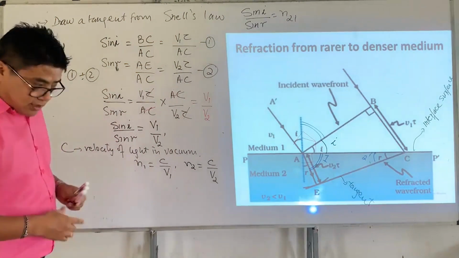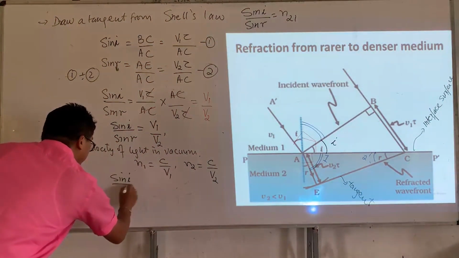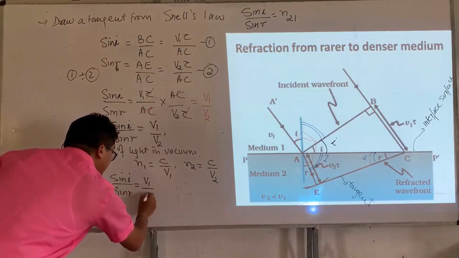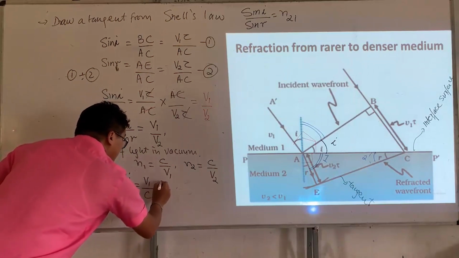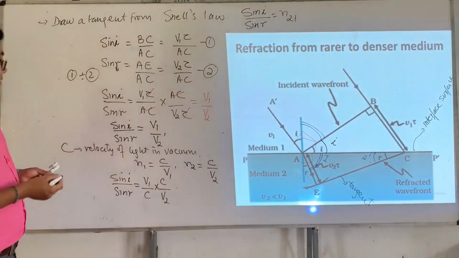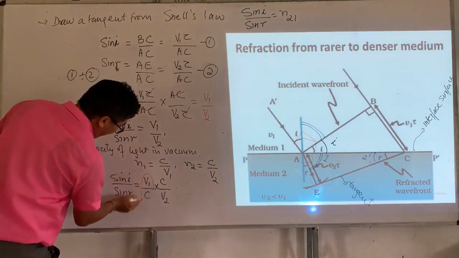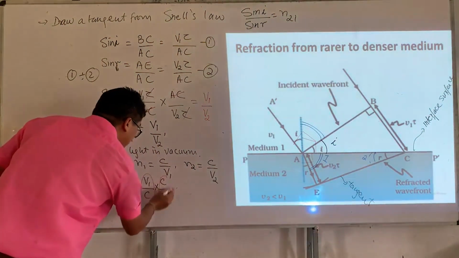So if I do this, once we obtain this, V1 divided by C divided by V2 divided by C. So what is V1 divided by C, and what is C divided by V2?